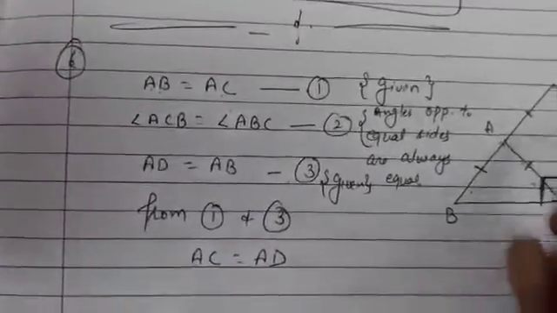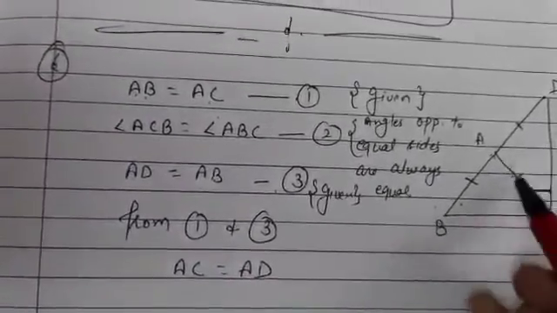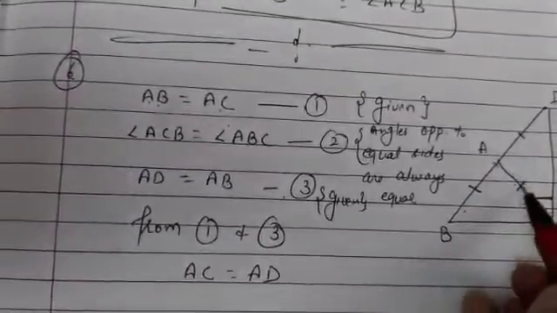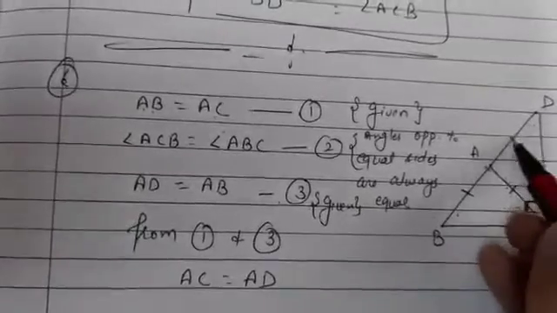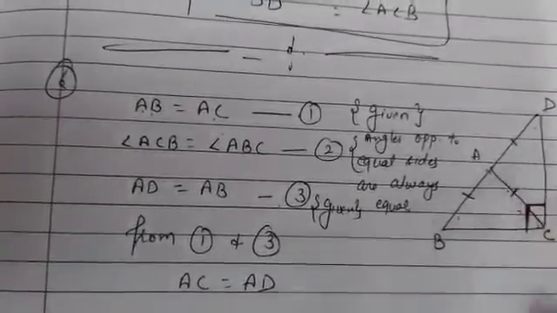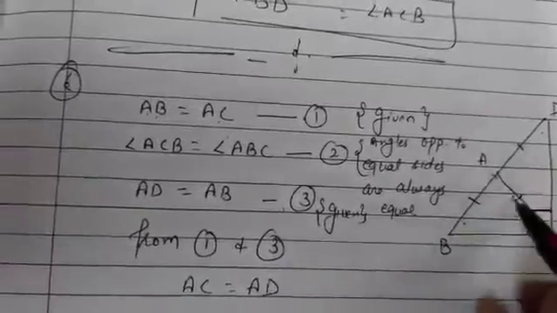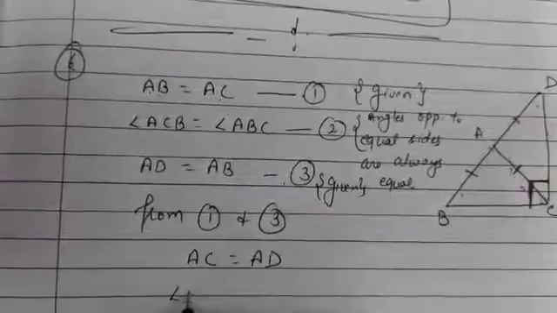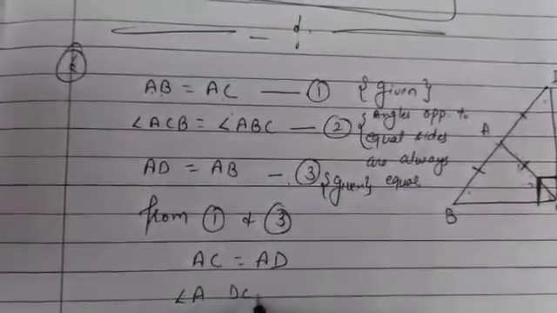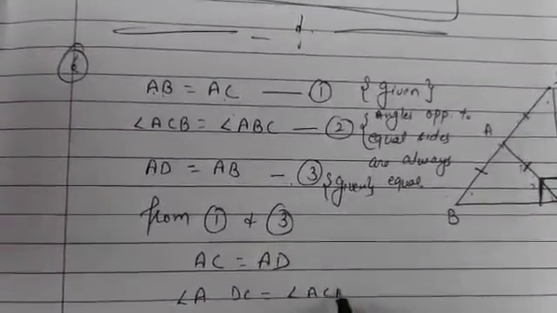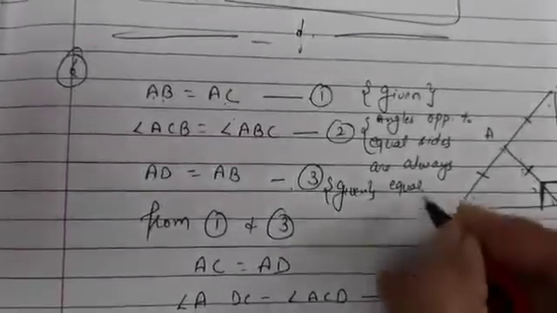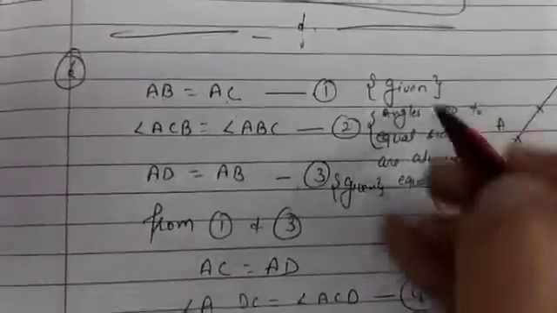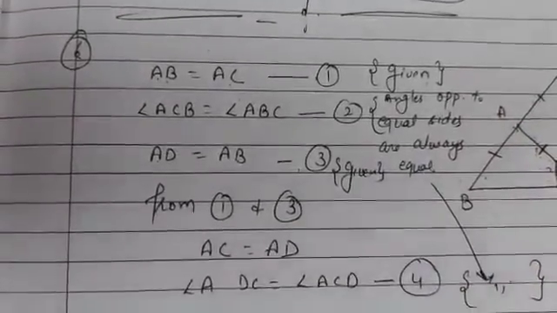Now see, AC and AD are equal, then the opposite angles will also be equal. The angle opposite to this side and the angle opposite to this side, sorry, AC and AD, these two. This angle and this angle will be equal. So we can write angle ADC and ACD will be equal. Name it 4. Reason will be the same: angles opposite to equal sides are equal.